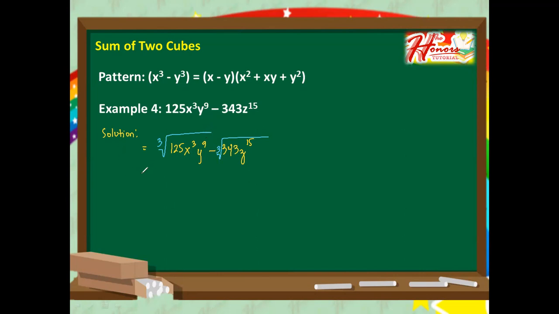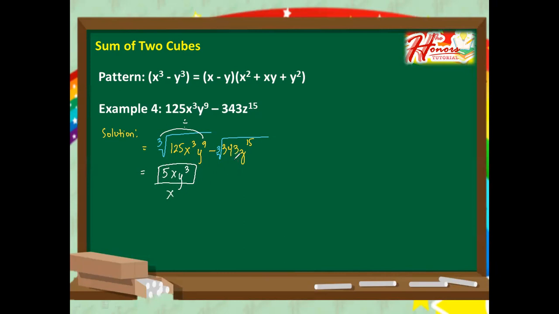Let's continue. So the cube root of 125 is 5. And then the cube root of x cubed is x. And the cube root of y raised to 9 is y raised to 3. Why? Because 9 divided by 3 is 3. So this will be the value of our x.